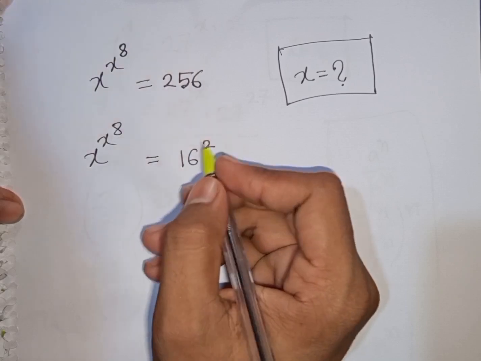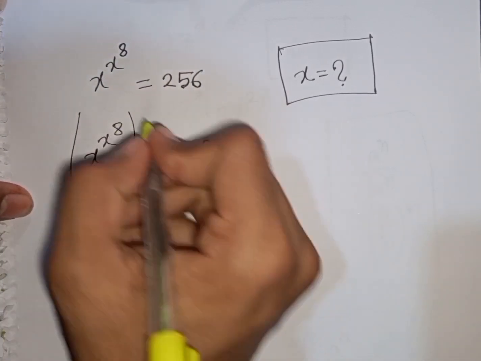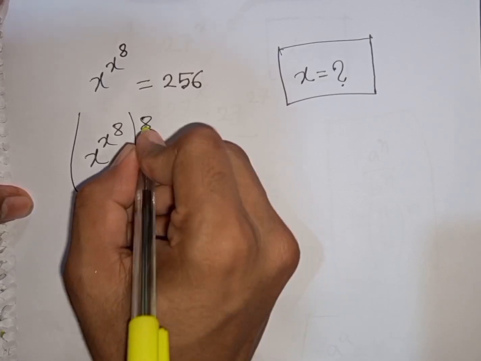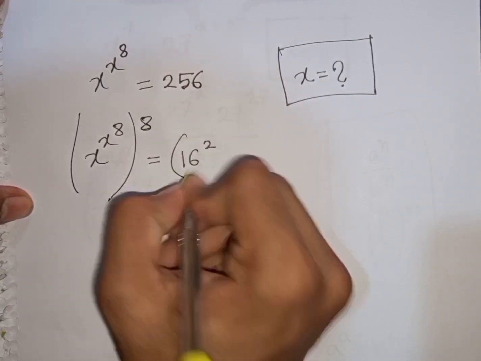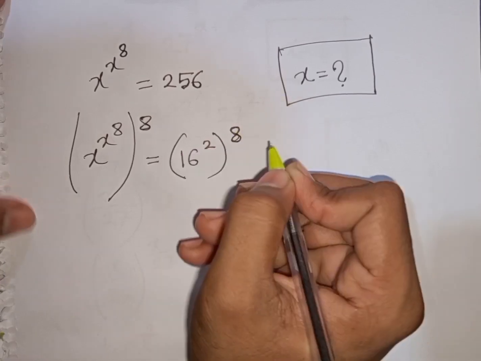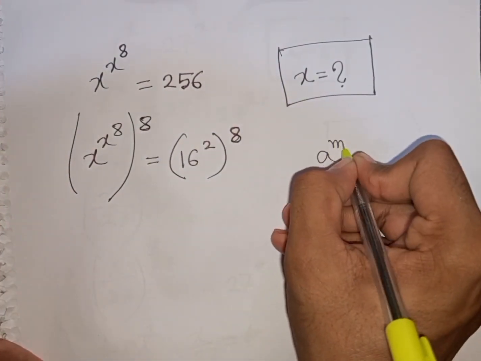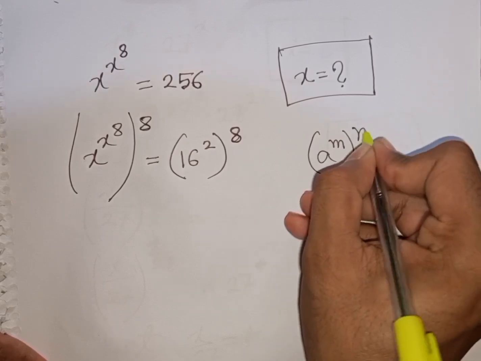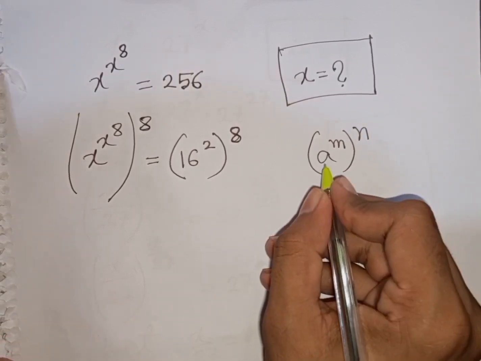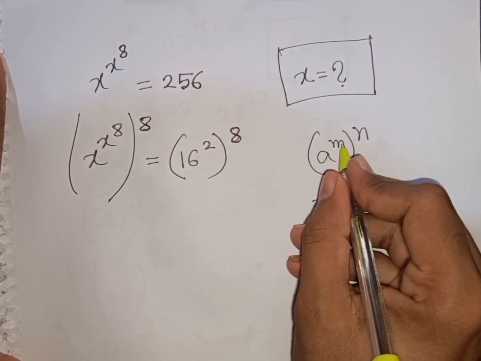Now we raise both sides to the power of 8. Now here you can apply the exponential rule that (a^m)^n is equal to (a^n)^m.